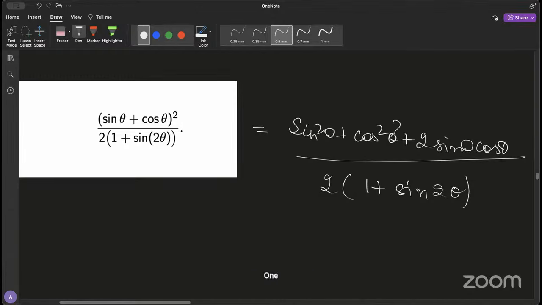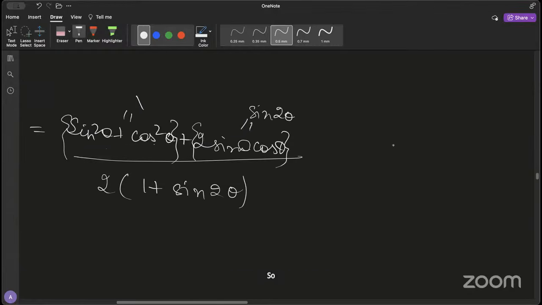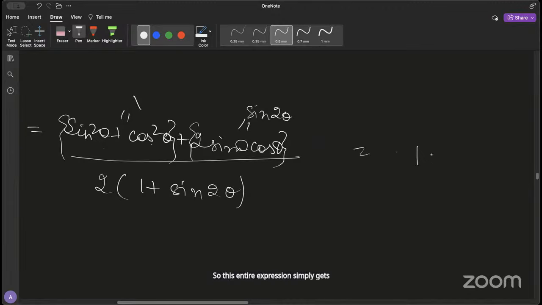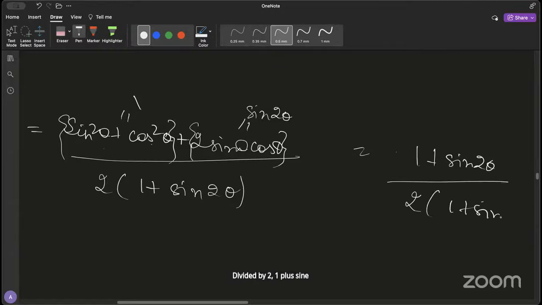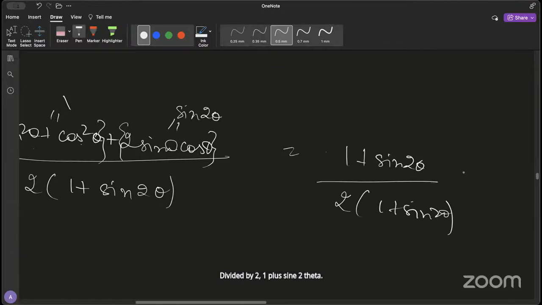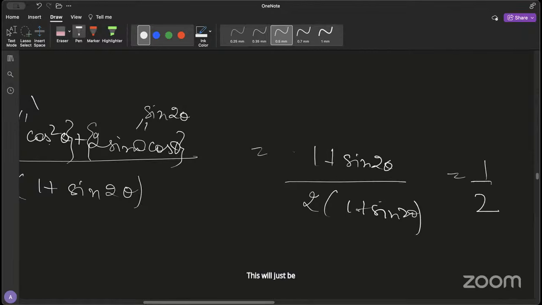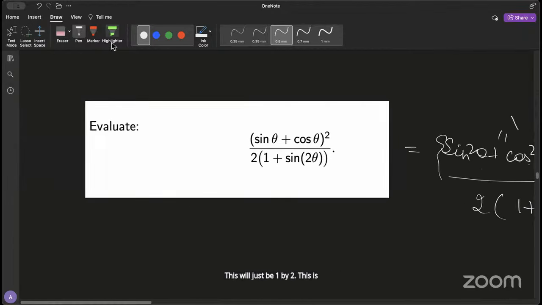One is this identity, and the other one is this one. So sine square theta plus cos square theta is equal to 1, and 2 sine theta cos theta is equal to sine 2 theta. So this entire expression simplifies to (1 plus sine 2 theta) divided by 2 times (1 plus sine 2 theta). This will just be 1 by 2. This is the simplification of this one.